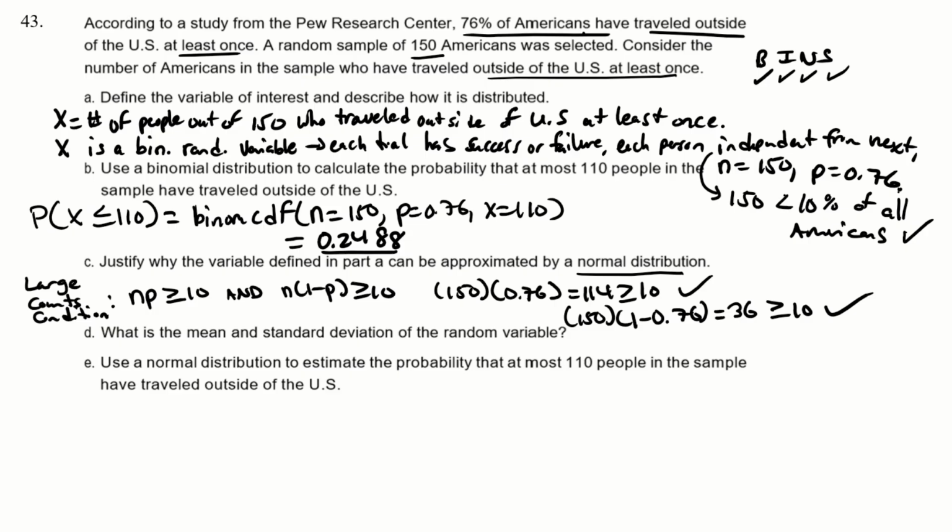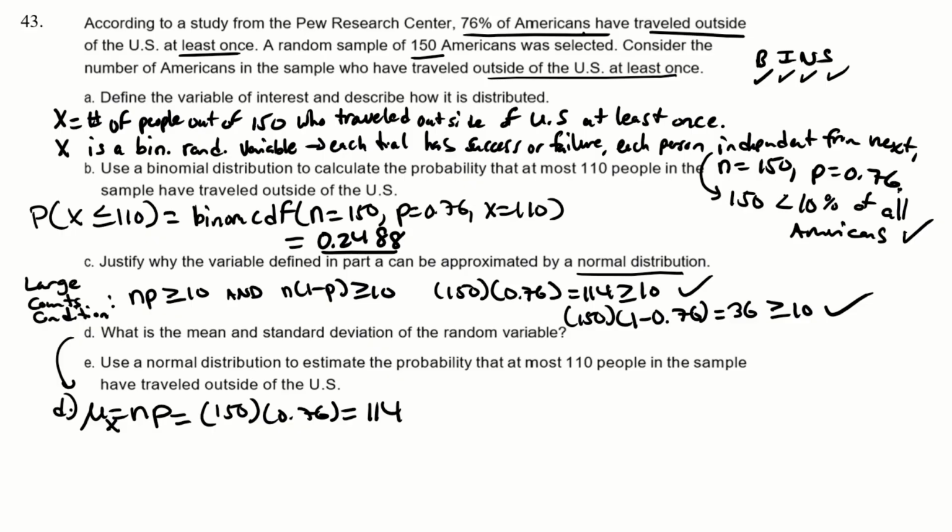Let's do that here. So the mean is n times p. We're going to say x is the number of Americans, so mu x. Okay, and then n times p, we just calculated that. That's 150 times 0.76, and that's 114. This np is for the binomial formula.